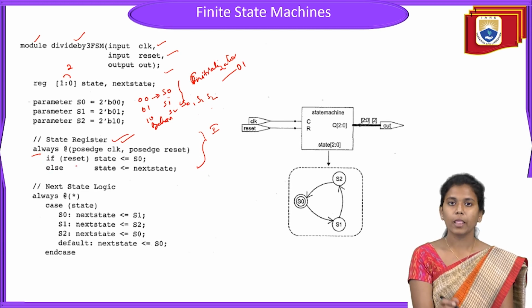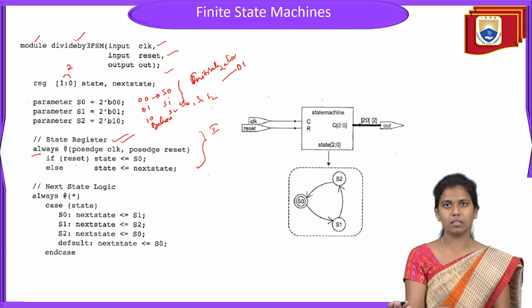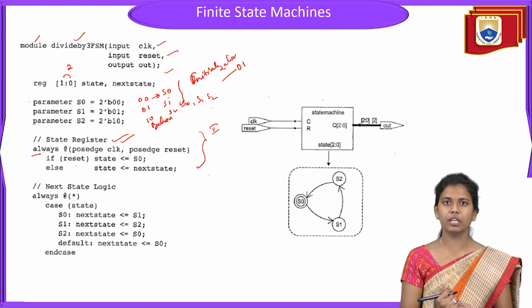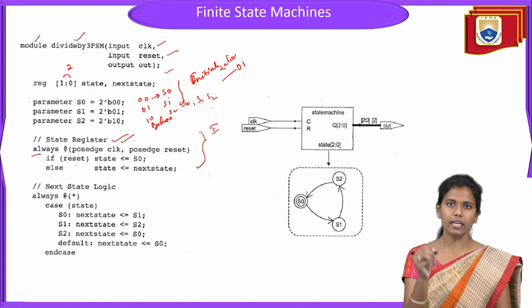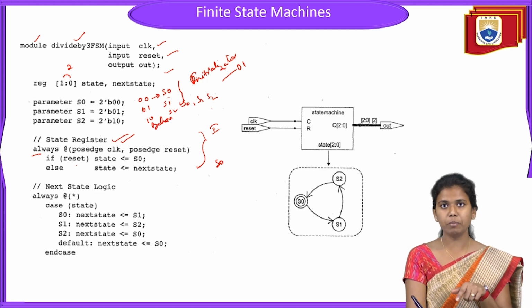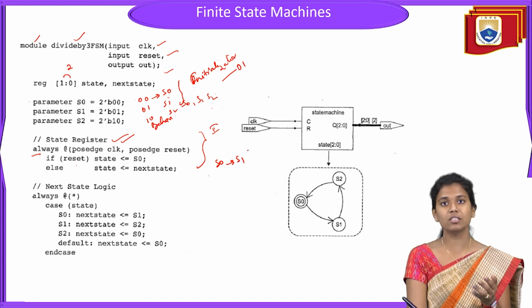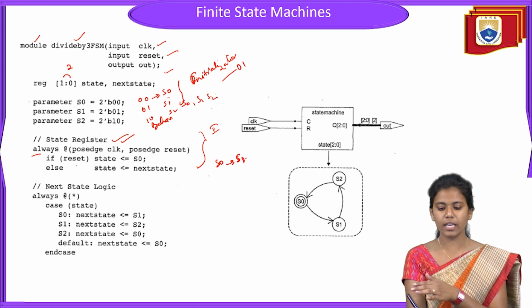If reset, state <= 0. If not, what happens? It goes to the next state. As per my input, if the transition is within itself, then my state will stay in that particular state S0. If not, the transition takes place to the next state S1.